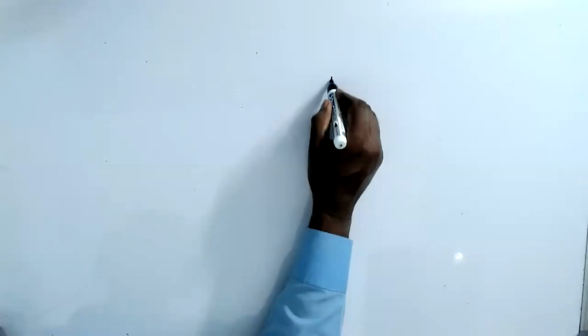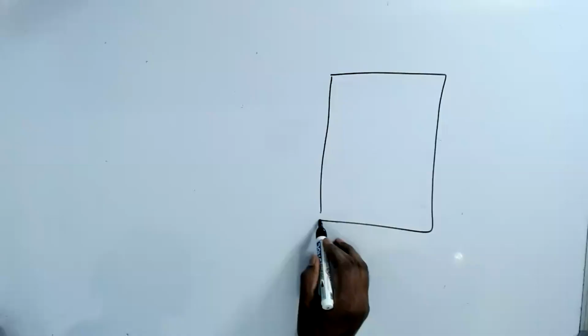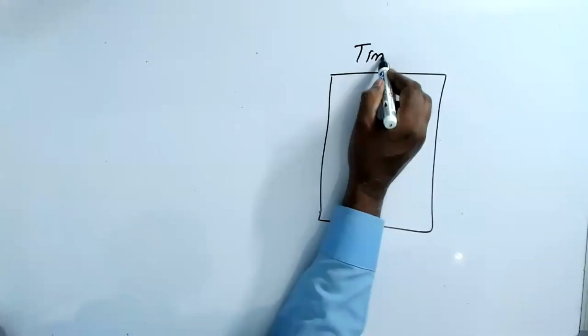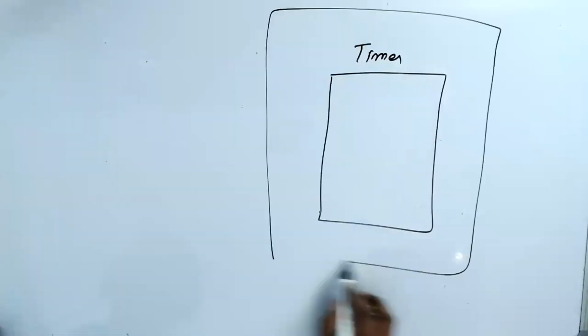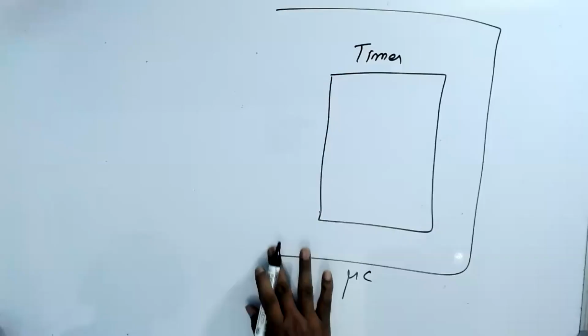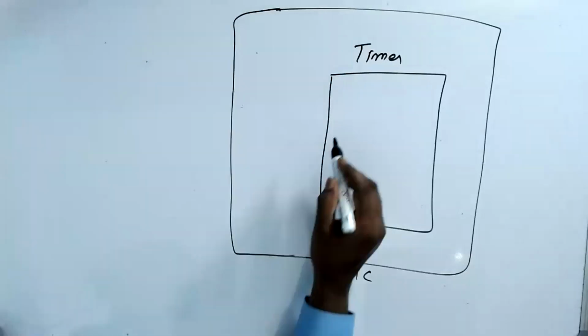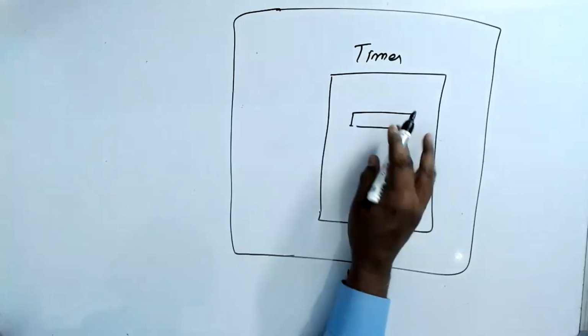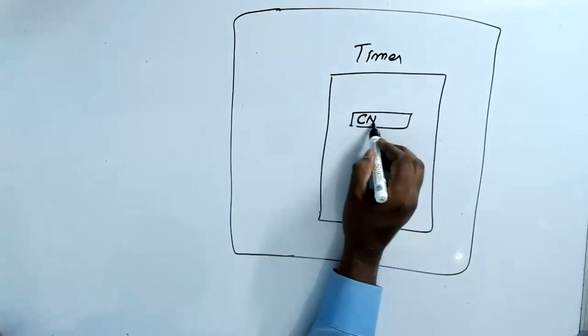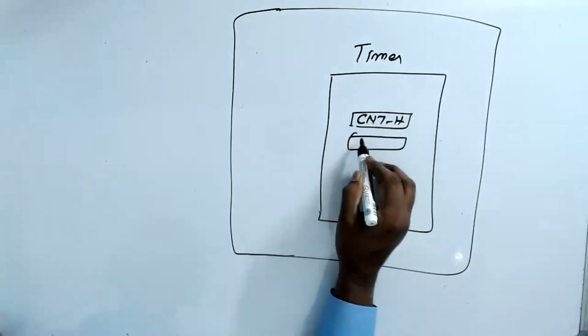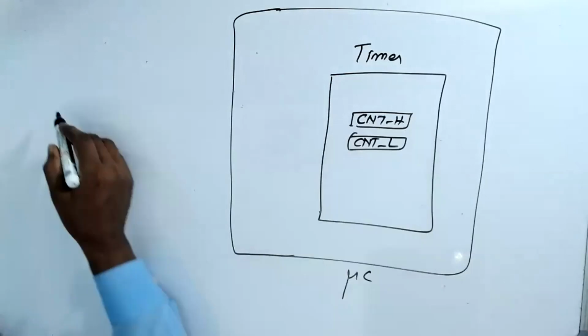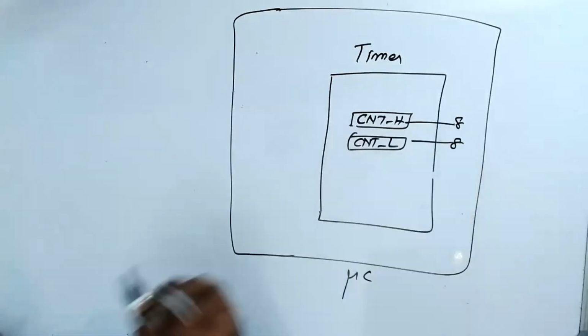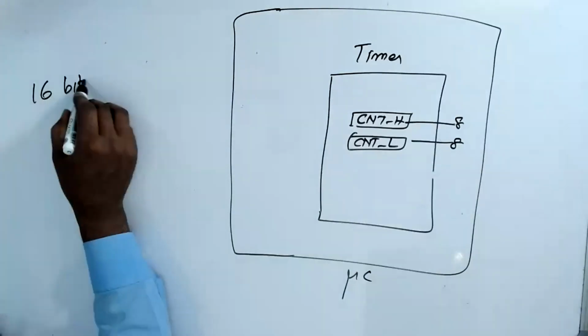The same way, let us assume that I have a timer inside my microcontroller. The timer has a register called count high and count low. Each is 8-bit, which means I have a 16-bit timer.